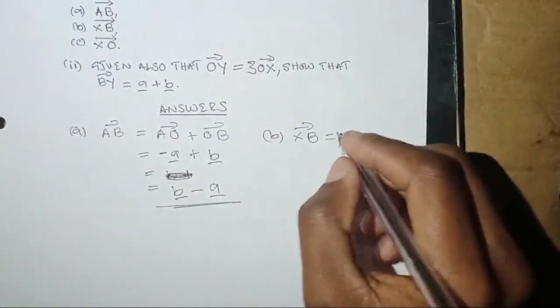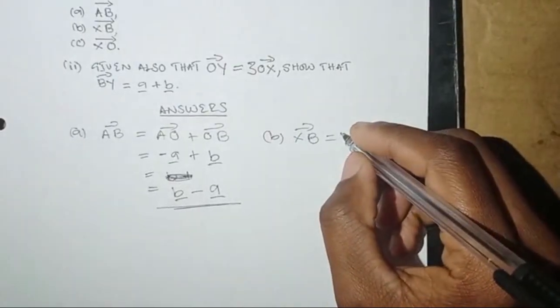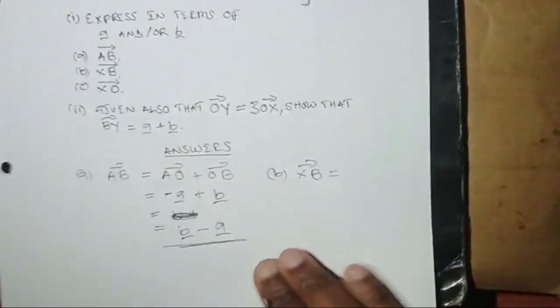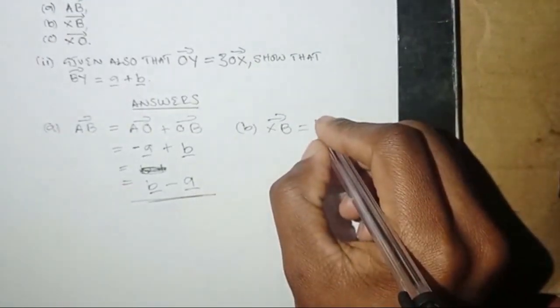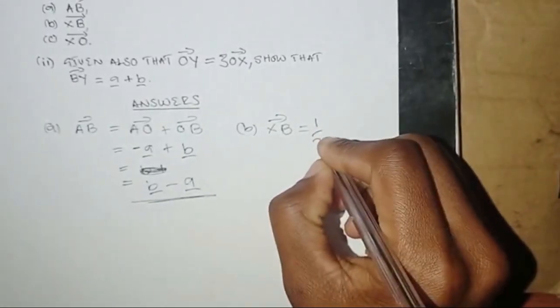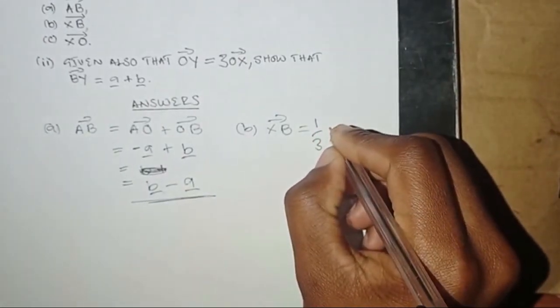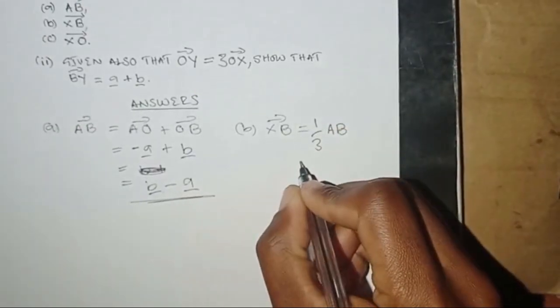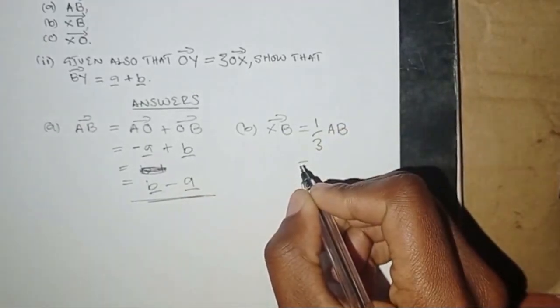Okay, so as I was saying, this is going to be what? XB equals 1 over 3. So it's going to be 1 over 3 of what? Of AB, as you can see. So 1 over 3 of AB.